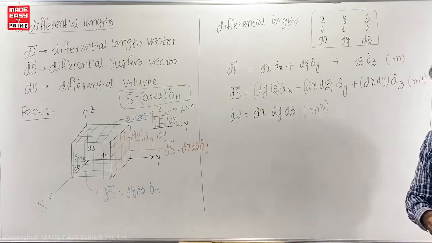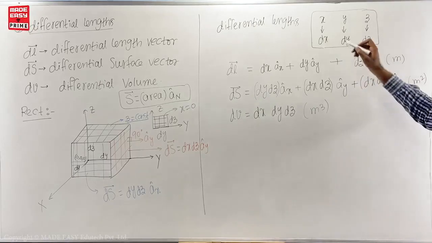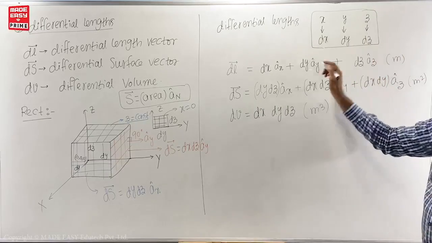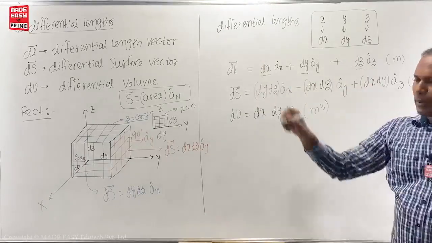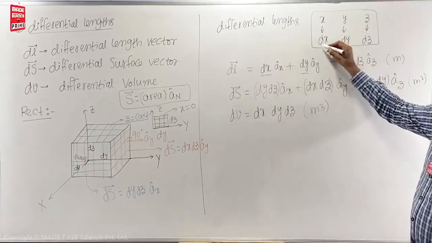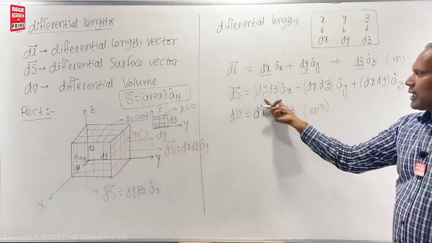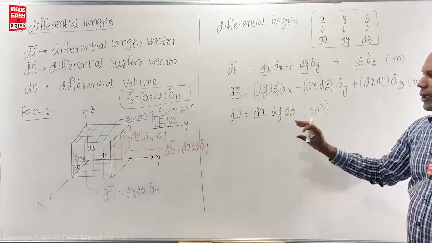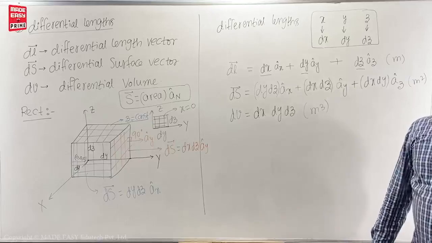Once again, I am concluding that differential lengths you remember, that is dx, dy, dz. You take them as it is, and multiply with unit vectors, you get dl bar equation. You leave this one, multiply these two, then you get differential surface vector in x direction. And you multiply all of them, you get differential volume equation. So this is the rectangular coordinate system.